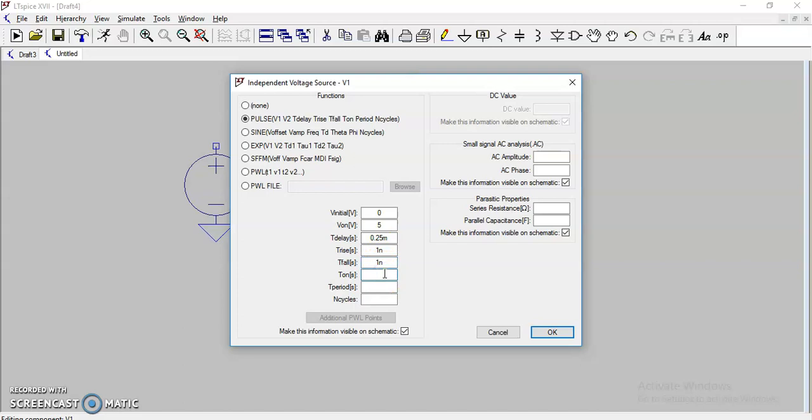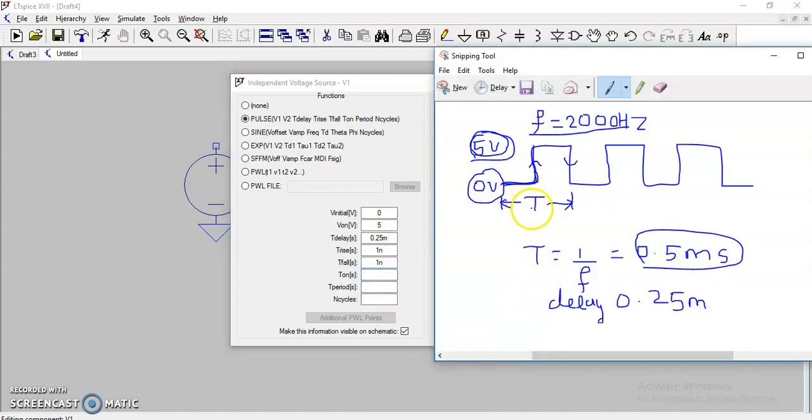So on time is basically, see the time period is 0.5 millisecond. Therefore half of that will be 0.25 millisecond.